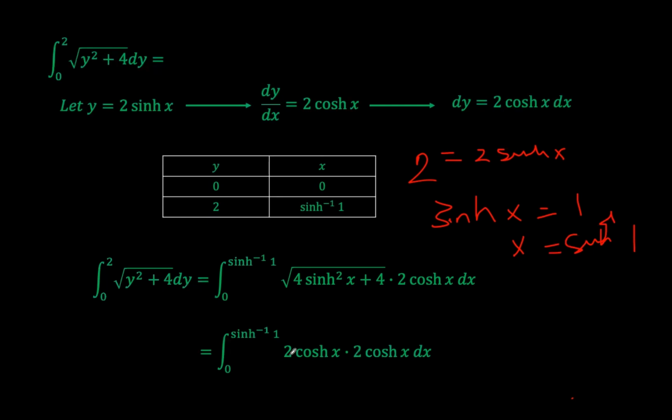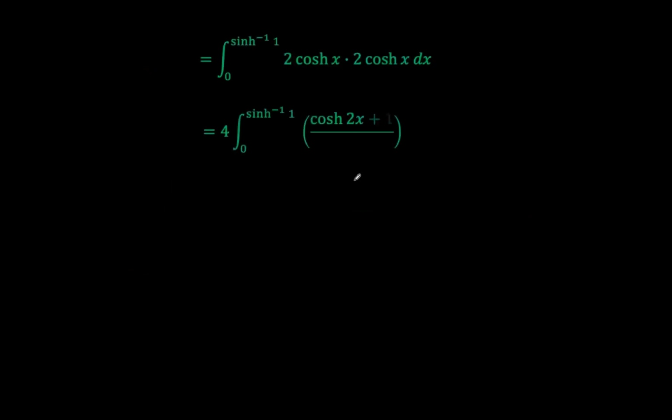And so this is what we get, right? It becomes easier because now we can pull out the 2 times 2, which is 4, and then we have cosh squared integrated, and cosh squared is the same as cosh 2x plus 1 over 2.